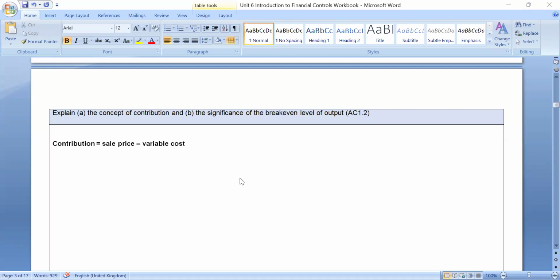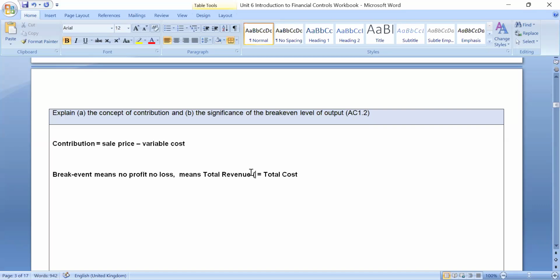Okay, so we can go through what is the contribution. So break even point: no profit, no loss. Total revenue equal to total cost.